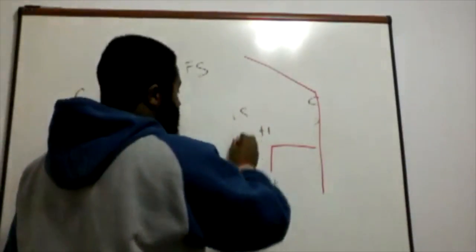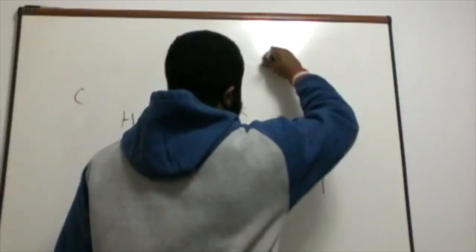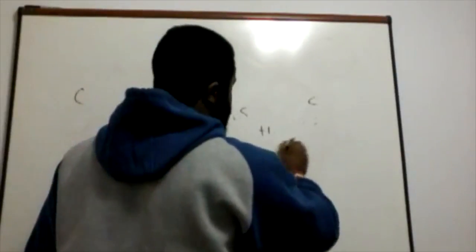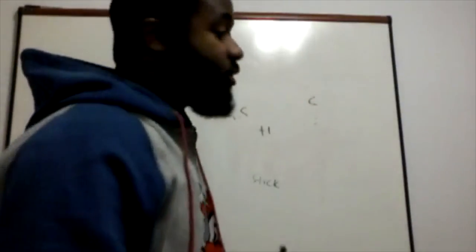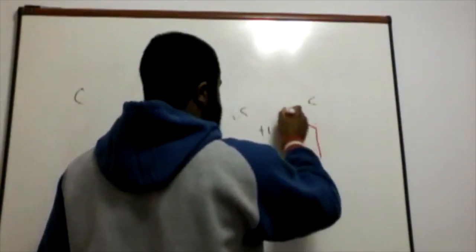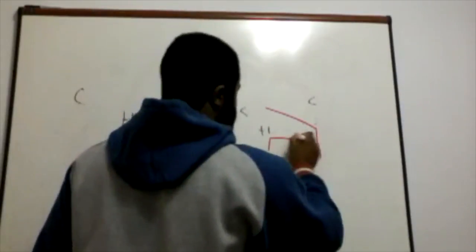Another concept you might see very often is the 12 route, or the slant and the out. You'll get a slant over and an out under.